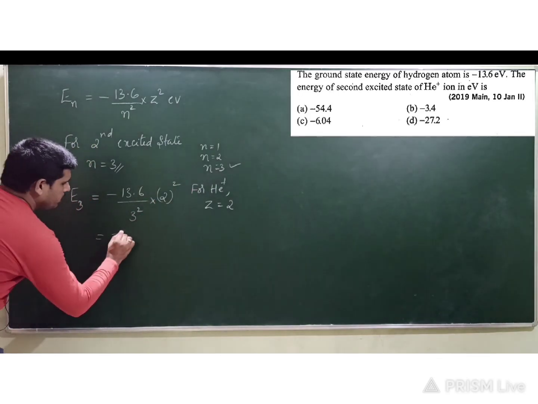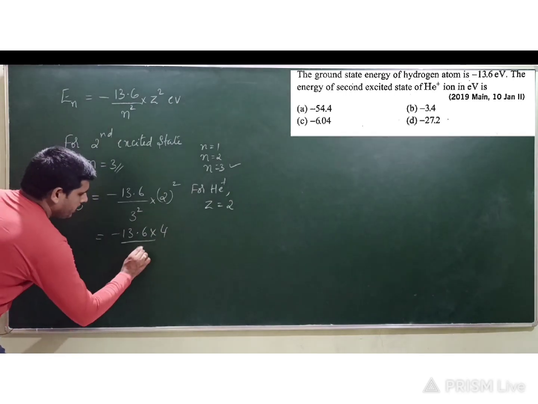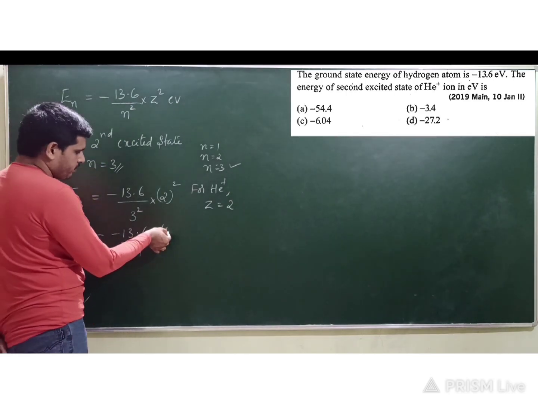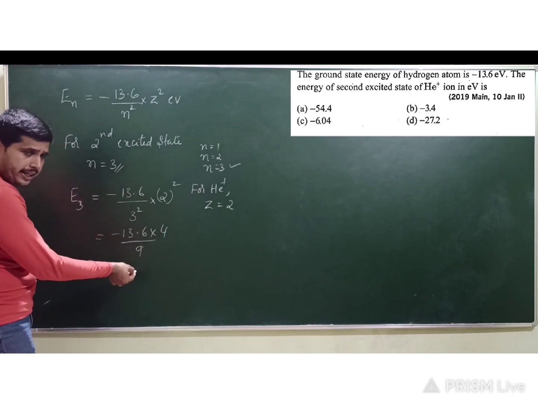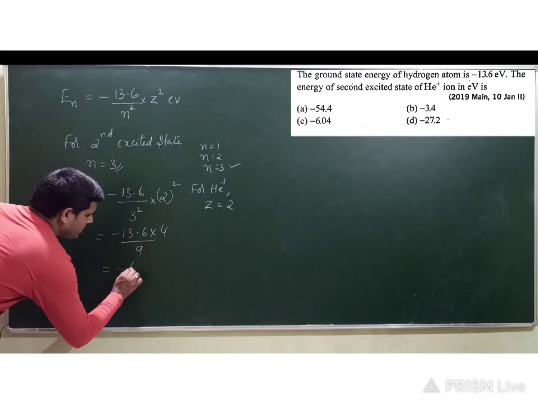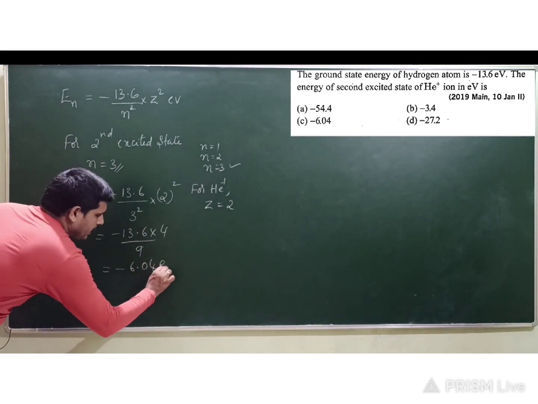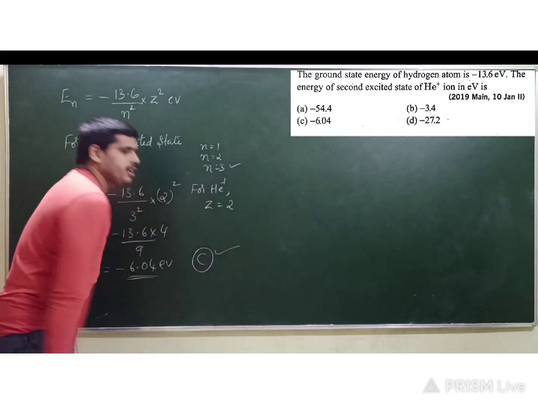Now this is very simple, minus 13.6 into 4 divided by 9. 13.6 into 4 is 54, 54 by 9 is how much? Yes, 6. So your right answer is minus 6.04 electron volt, which is option C. Okay, so that's all.